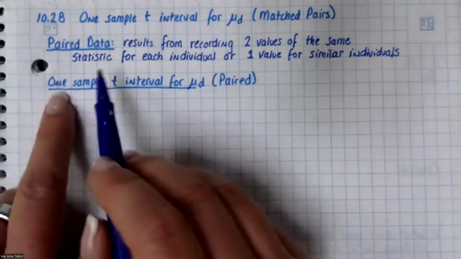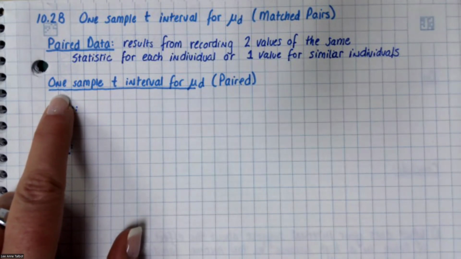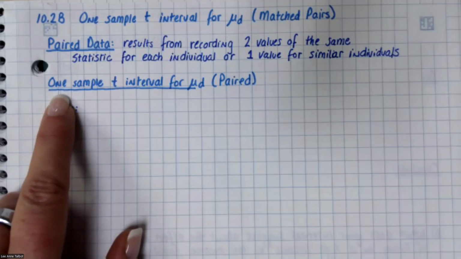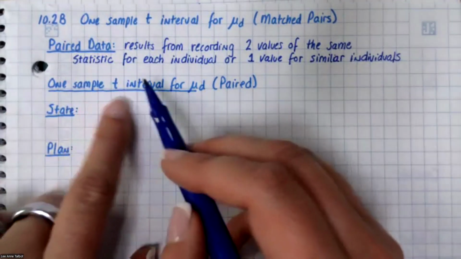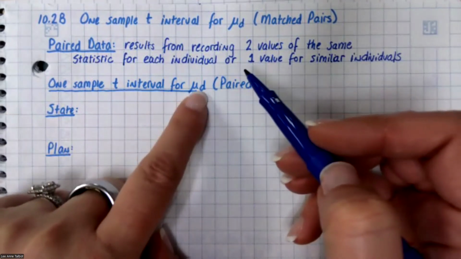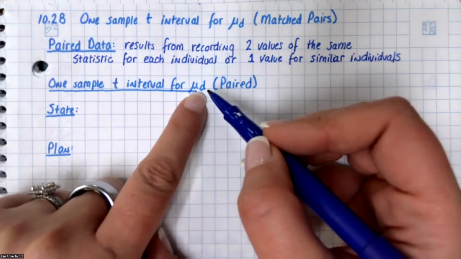Okay. This reads one sample t-interval for mu d. This is mean difference. The little d stands for difference.